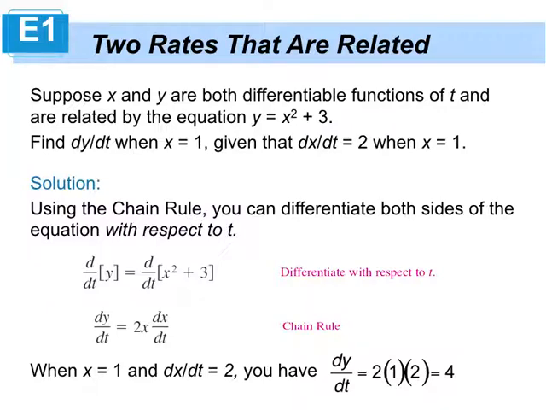In this example, I'm asking at the time that x equals 1, and the slope is 2, then what is the answer? Don't think about it too much, your head will explode. Just go with it.